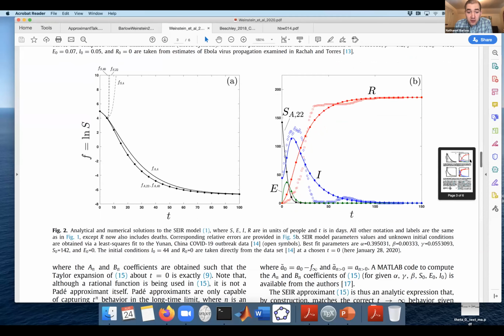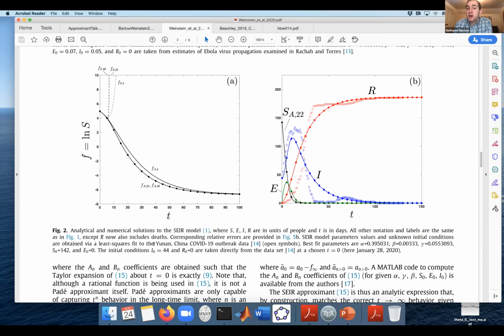This is for COVID-19 China, and the open symbols on the right-hand plot are actual data. What are the numbers on the vertical axis? Oh yeah, so time is measured in days, and the vertical axis is people.